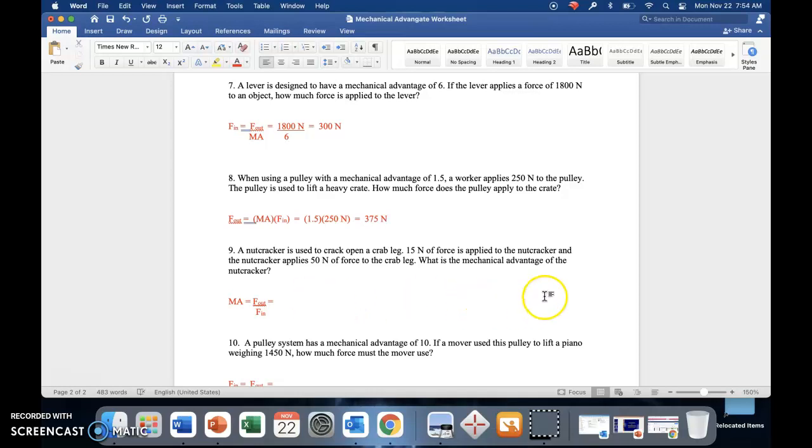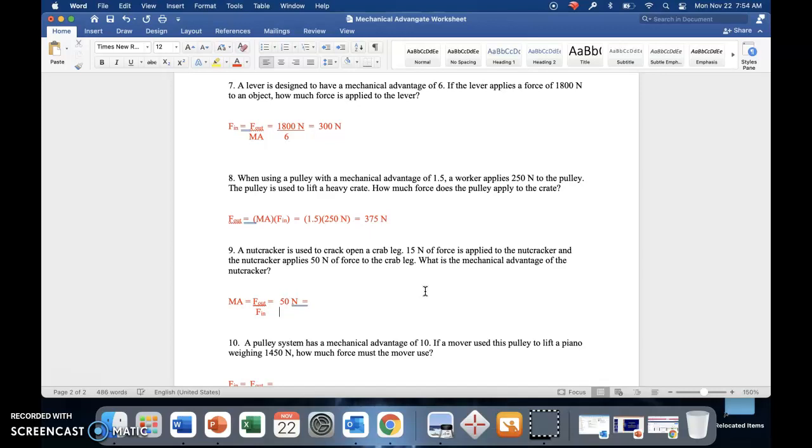Okay, as we continue, again, we get back to what is the mechanical advantage. So we're back to our force out over force in. It says here the nutcracker applies 50 newtons of force. That is what the machine is doing for us.